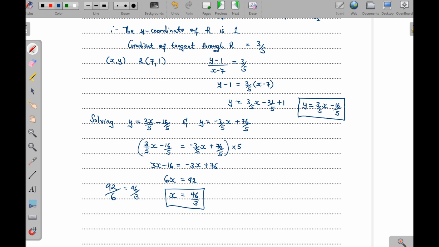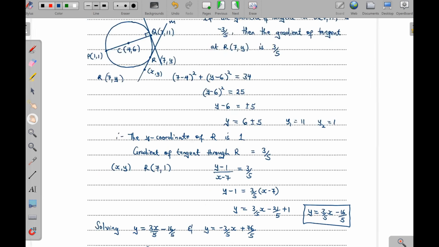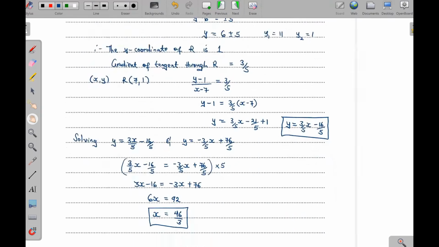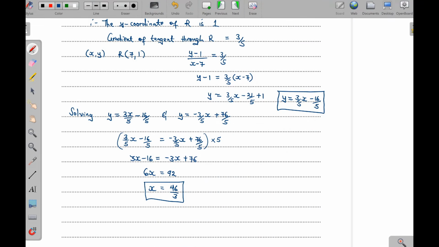That is the x coordinate. And then we need to get the y coordinate because they said coordinates. So we must have the one of x and the one of y. Then y shall be equal to, you can substitute here or here, whichever you want. Suppose I substitute in this one here: minus 3 over 5 of our x, which is 46 over 3, plus the 76 over 5. The 3 will cancel with that.